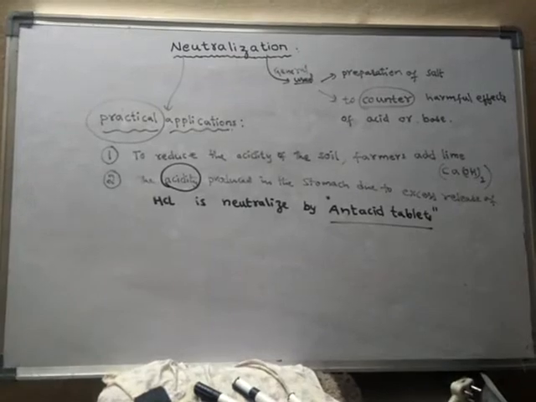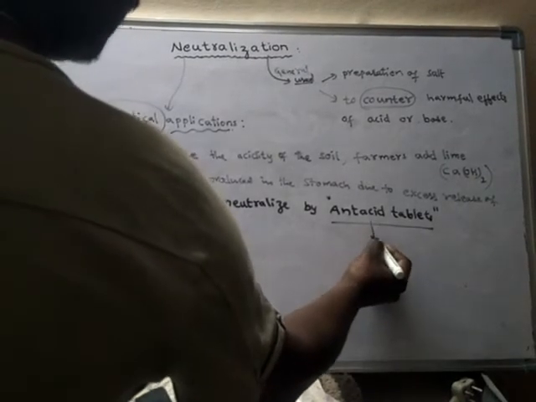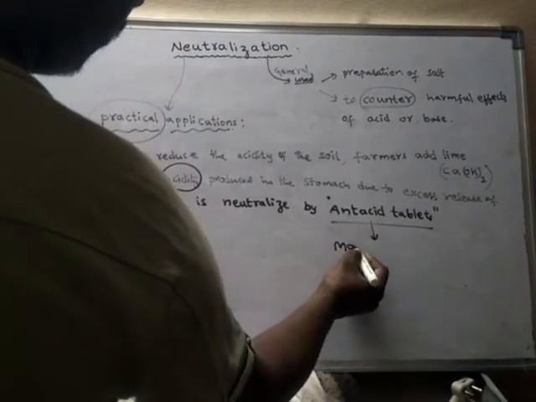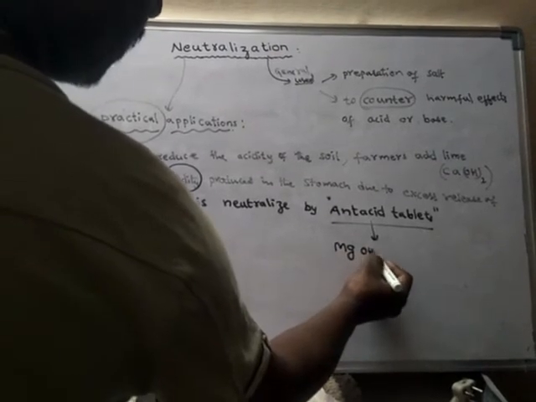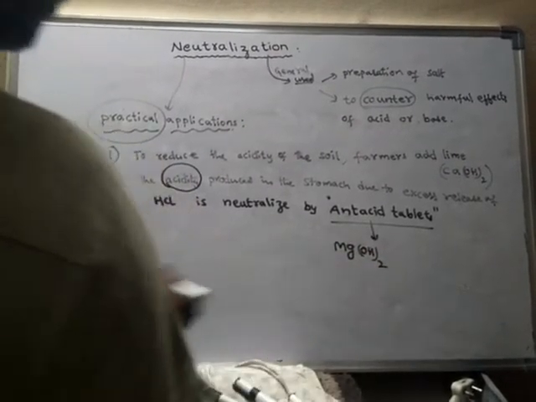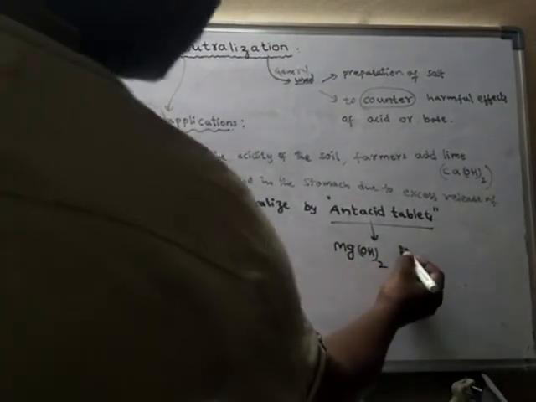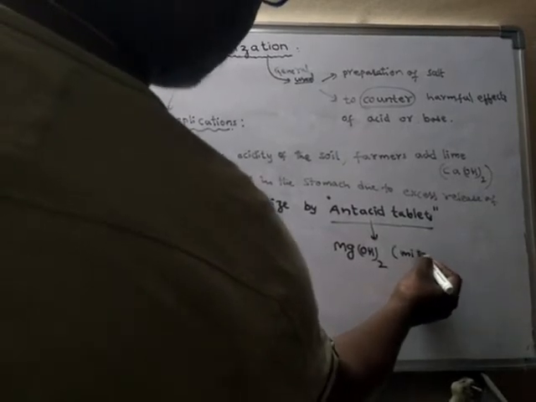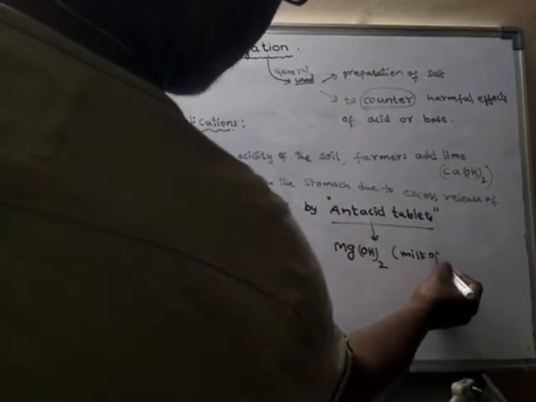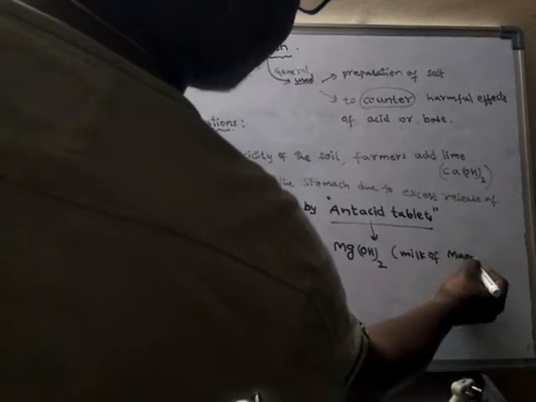What do antacid tablets contain? Antacid tablets contain magnesium hydroxide. Magnesium hydroxide is also called milk of magnesia.